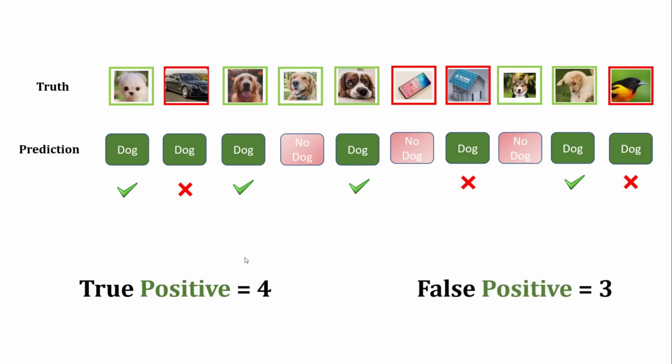Those are called false positives. Again, the second word, positive, indicates the outcome of your prediction. The outcome of the prediction for these 3 red-marked samples was positive, but they are false. So the first word indicates the reality. In reality, they are false.